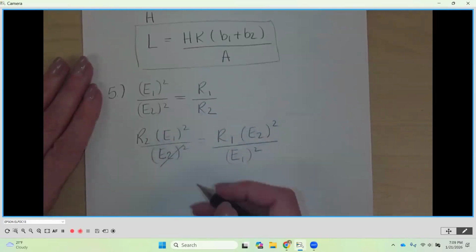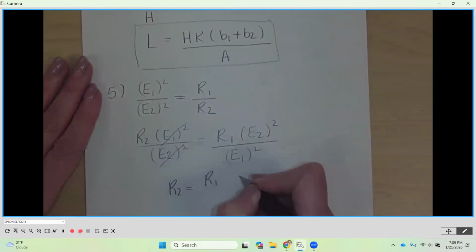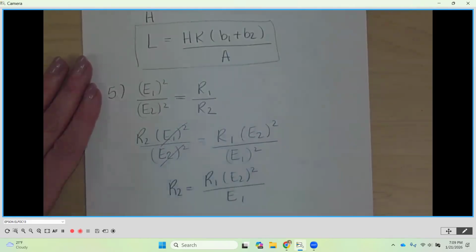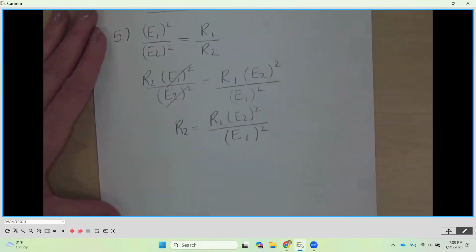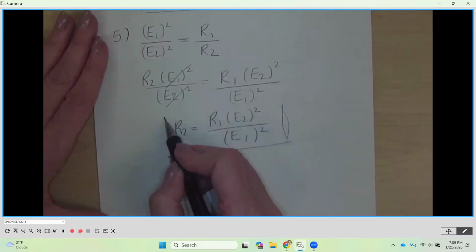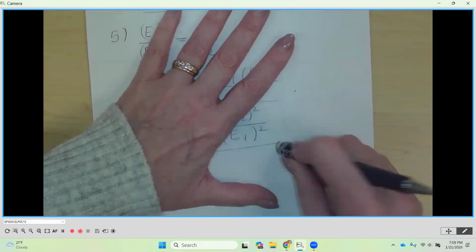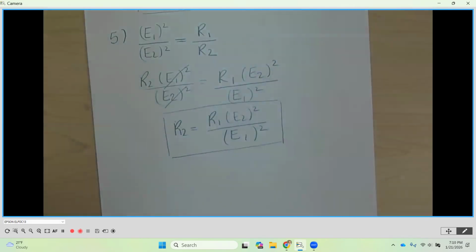Now this isn't final format. The E1 cancels there. I'm going to have R2 is equal to R1 times E2 squared divided by E1 squared. Like this. And then I'm going to put a box around my final answer. It's messy.